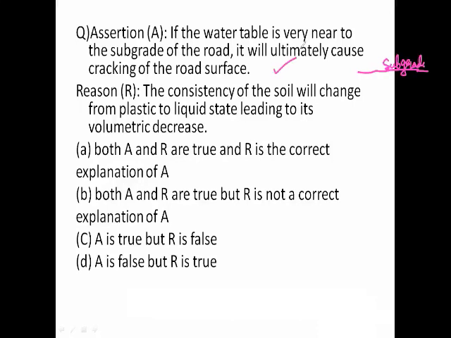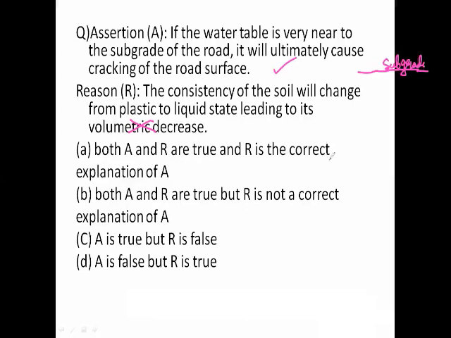And it gives the reason that the consistency of the soil will change from plastic to liquid state, leading to its volumetric decrease. This is wrong, because a volumetric decrease will never happen when the soil moves from plastic to liquid state.